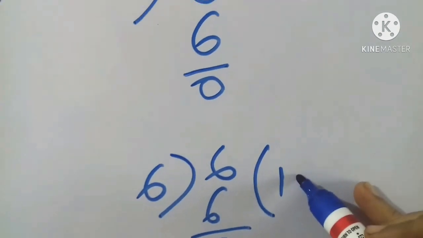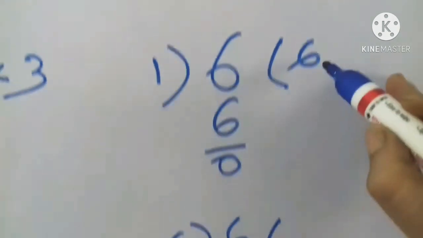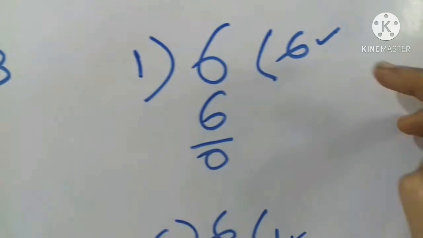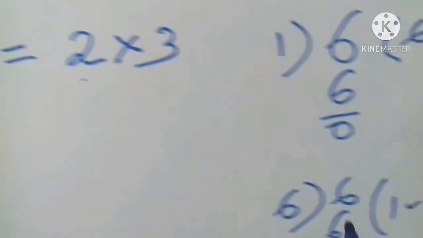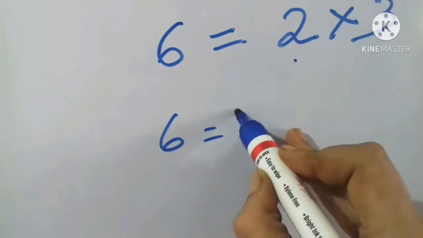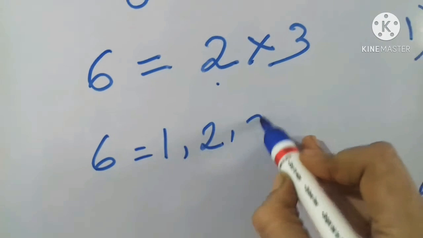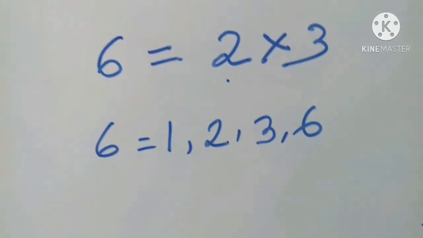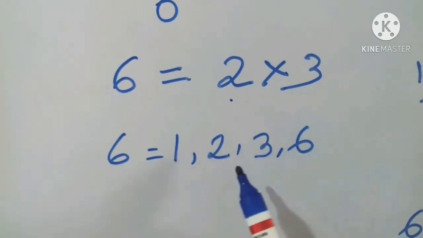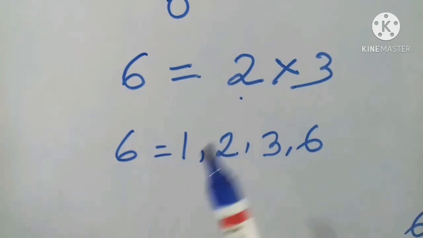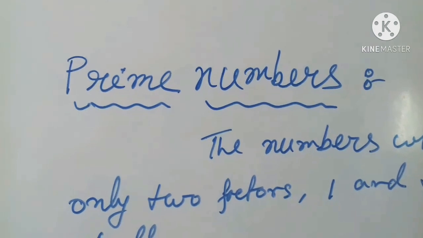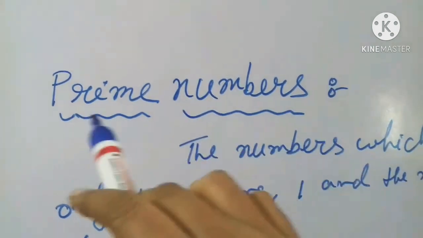So the quotients 1 and 6 are also factors of 6. So the factors of 6 are 1, 2, 3 and 6 itself. For every number, 1 and the number itself are compulsory factors, along with the other numbers by which we can divide without remainder. We have to be clear about one important term, that is prime numbers.